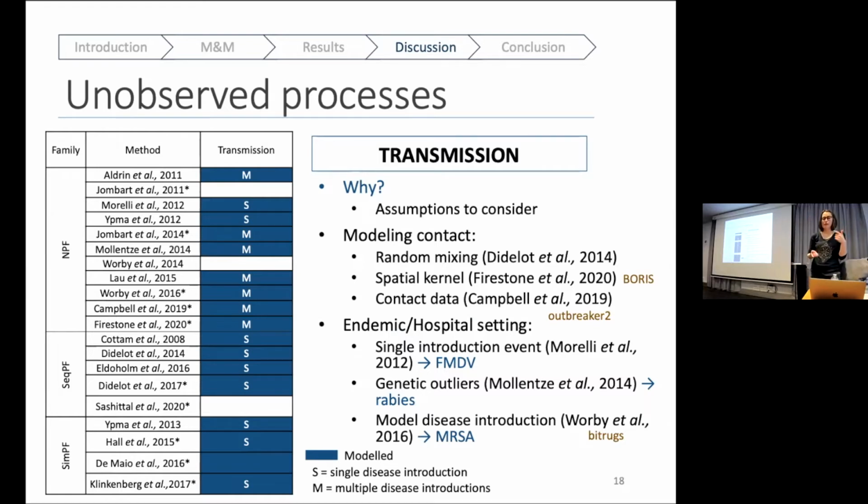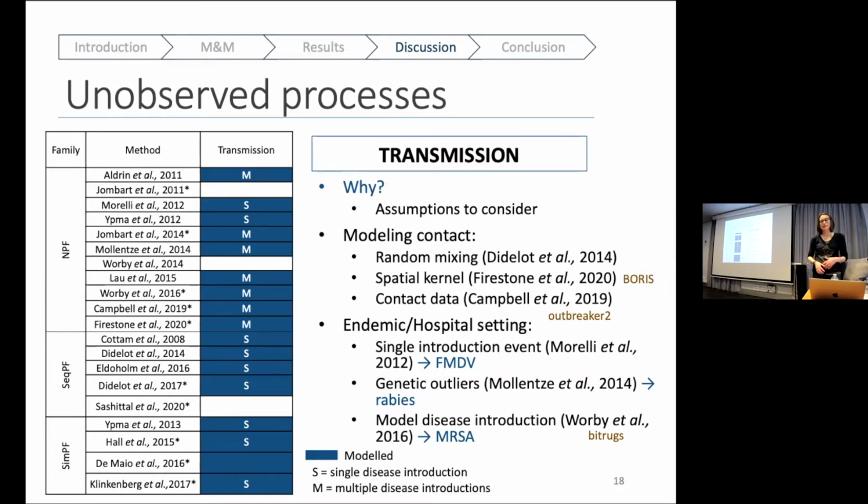Therefore, some methods accounted for random mixing, like in Duault, but others took into account spatial kernel, as in Firestone's Boris, or finally, even included contact data in their methods, such as Campbell's outbreak retreat. Moreover, considering that a single introduction event took place is not suited to endemic situations or in a hospital setting where multiple introductions can occur.